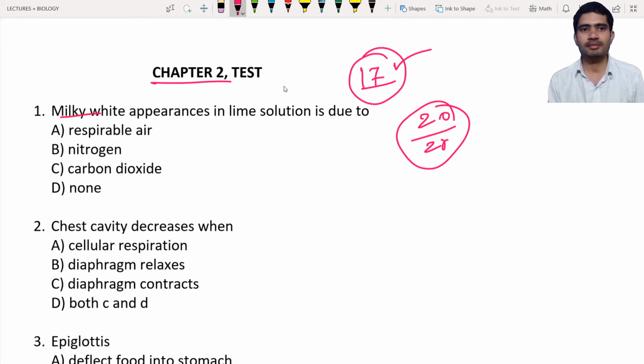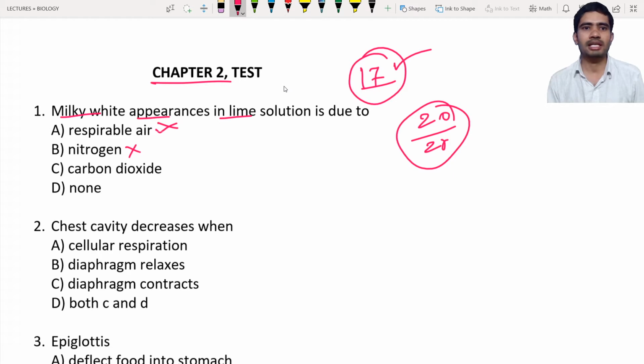The first question is, milky white appearance in the lime solution is due to which gas? Okay, so they are saying respirable air. Respirable air means oxygen, so this couldn't be a correct answer. Next is nitrogen. Nitrogen will not get consumed and will not be produced by the body, so this is also not a correct answer during respiration. Next, carbon dioxide.